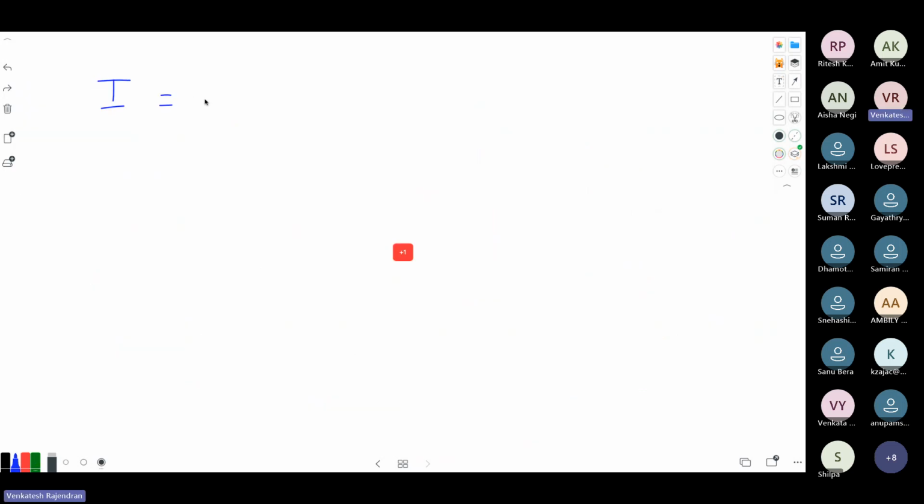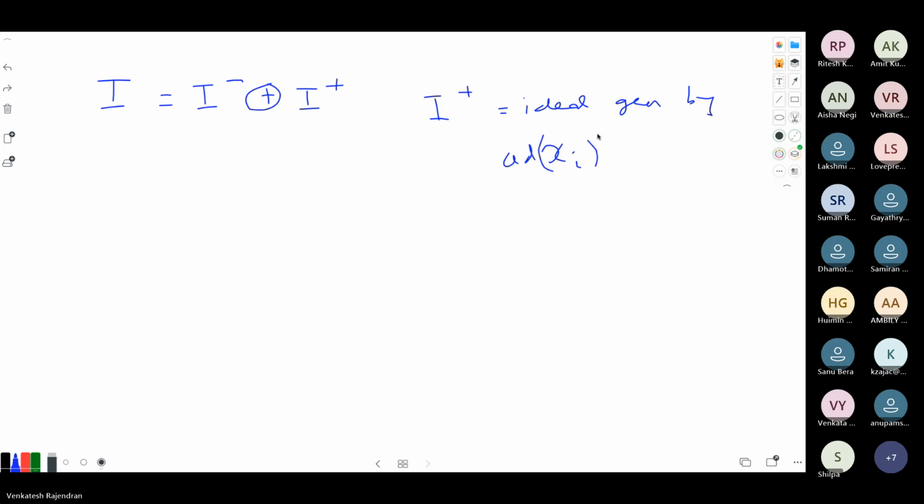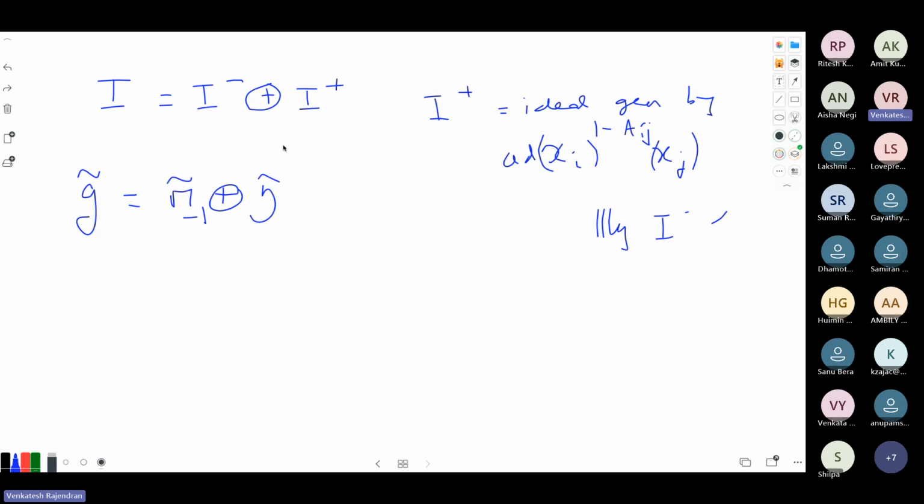So this I, you can write as I minus direct sum I plus, where I plus will be the ideal generated by ad Xi to the power 1 minus Aij of Xj. Similarly, I minus you can define. So now G tilde is nothing but n tilde minus direct sum H, okay, H is what I have used as H, and then n tilde plus.